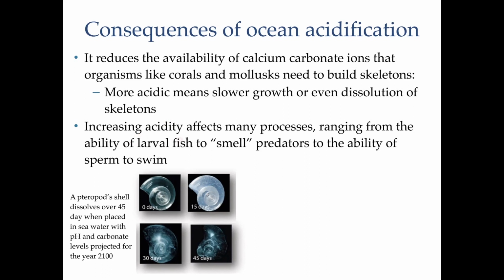So increasing the acidity affects many processes, not only the skeletons of those things, but also, for example, the ability of larval fish to smell predators and the sperm to swim, to fertilize the eggs and things like this.